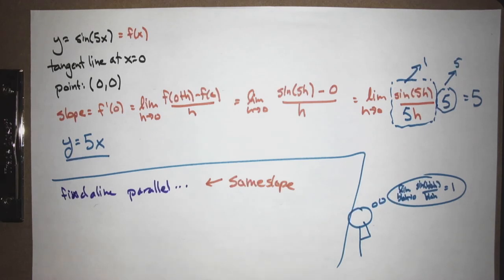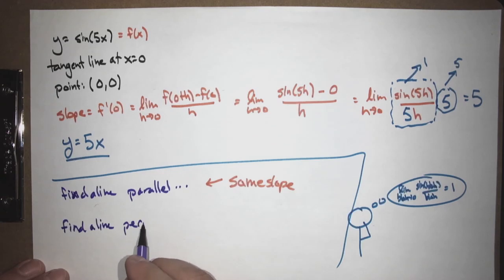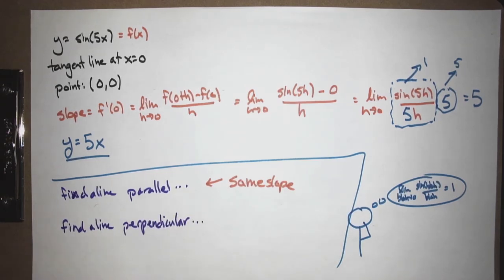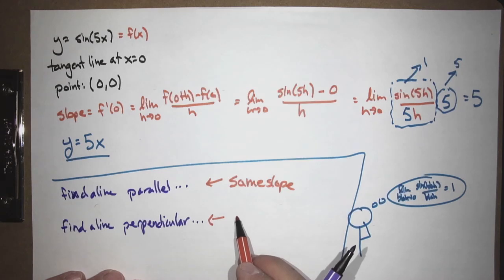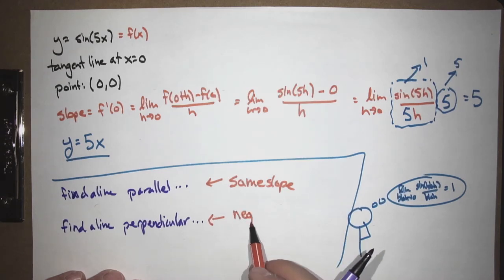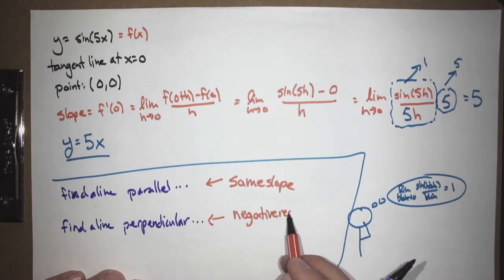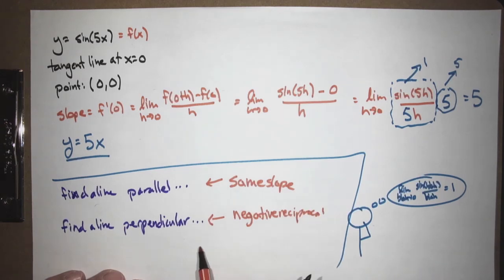You might also have a problem that says, find a line perpendicular, which is a harder word to spell. What does that mean? What does opposite slope mean? It's like so opposite. Negative 1 over the slope. Yeah, so the fancy phrase is negative reciprocal. That seems very opposite. So for instance, if your slope was, say, 2/3, what's the negative reciprocal of 2/3?